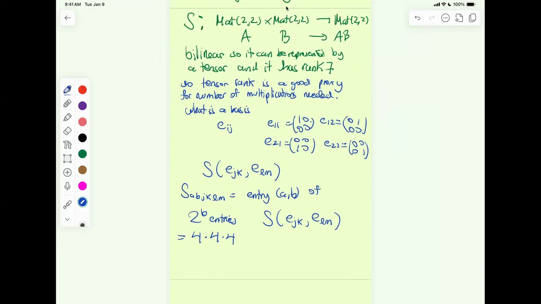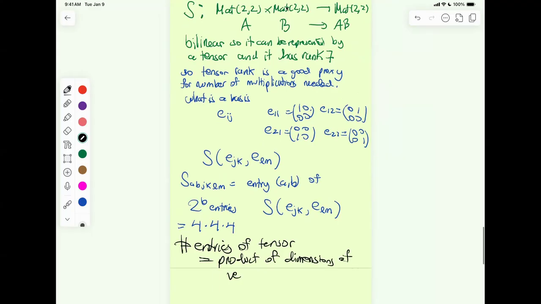The number of entries of the tensor is the product of the dimensions of the vector spaces. The space of 2 by 2 matrices has dimension 4. So 4 times 4 times 4 is 64, which is the same as 2 to the 6.